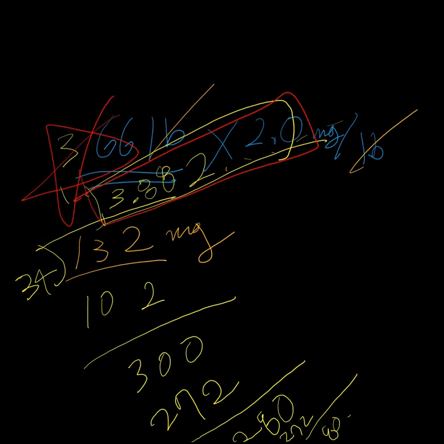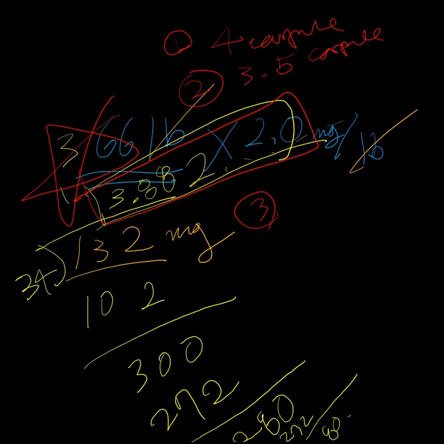In the exam, if there are options, for example, number 1 is 4 carpules, number 2 is 3.5 carpules, number 3 is 3.9 carpules, number 4 is 3 carpules.